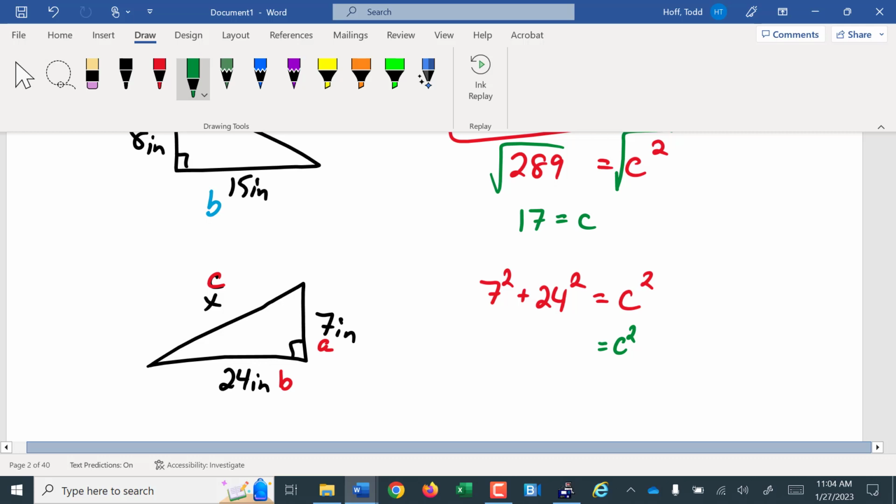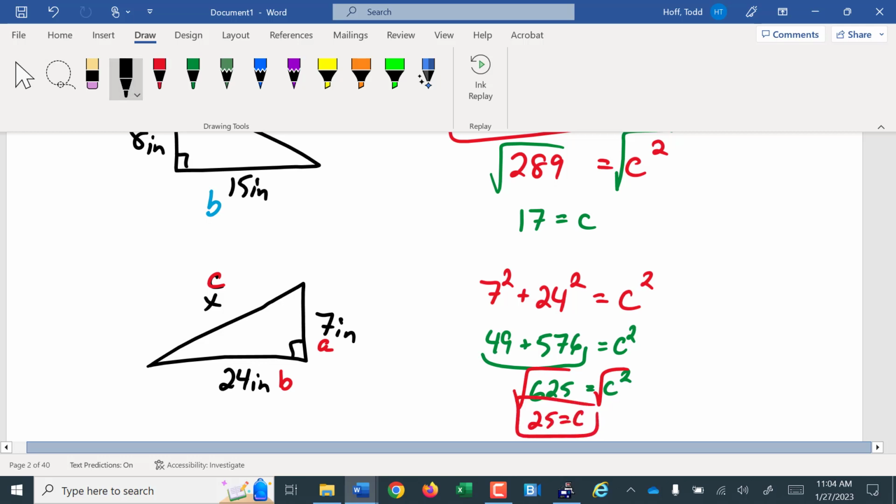So 7 squared is 49. 24 squared, 576. We add those together. 625 equals C squared. So we square root to get 25 equals C.